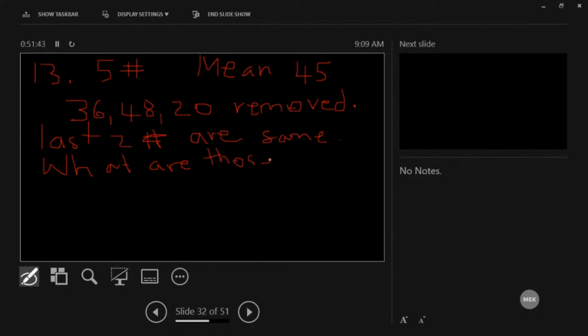Okay, so let's see how we're going to work that. So it's 5 numbers and the mean is 45. We're removing 36, 48, and 20. And the last 2 numbers, they are the same. So like if one is 10, the other is 10, right? So what are those numbers?